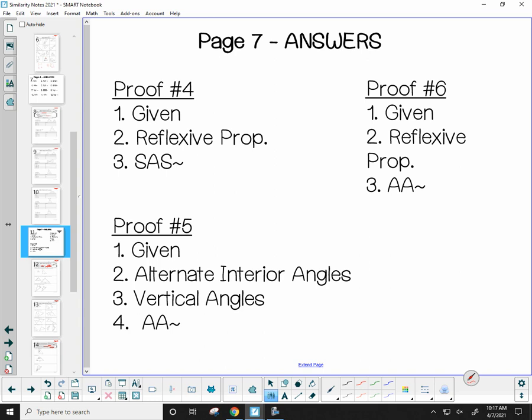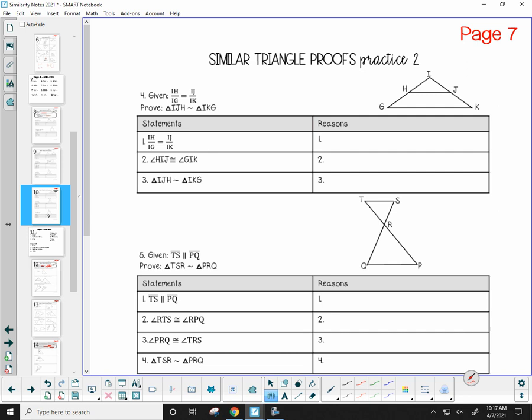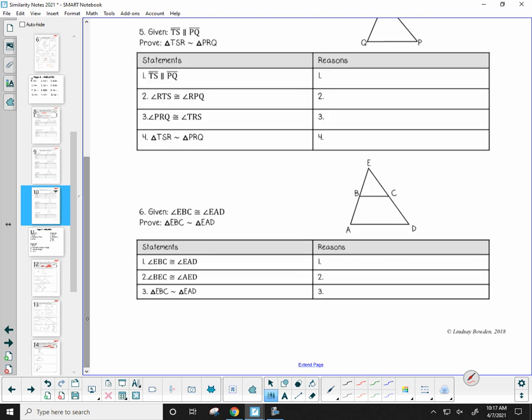Okay, number 6, why is it angle? Good question. All right, so on this one, they give you that EBC and EAD are congruent. Okay, let me write down my given. But then they also, remember, share this angle.